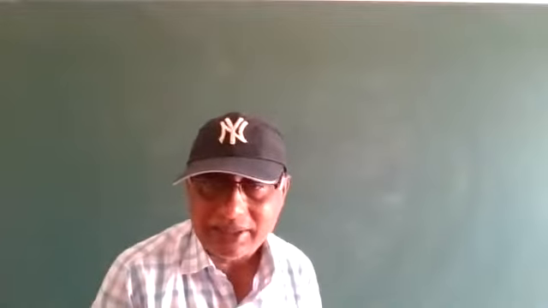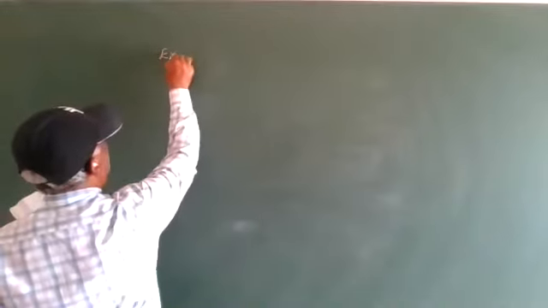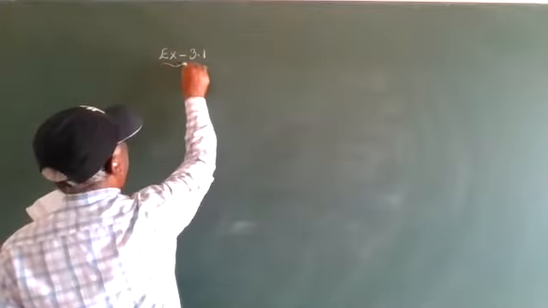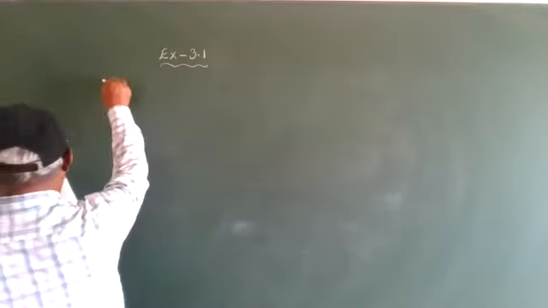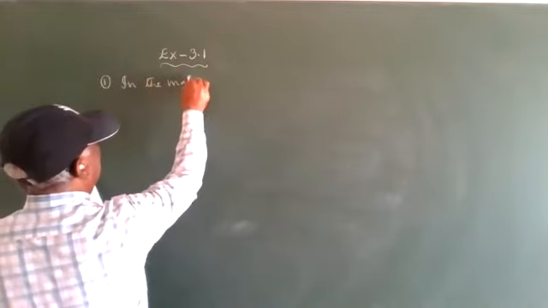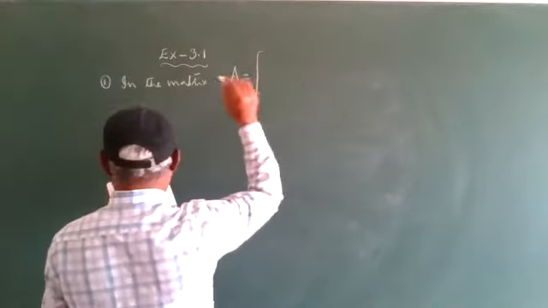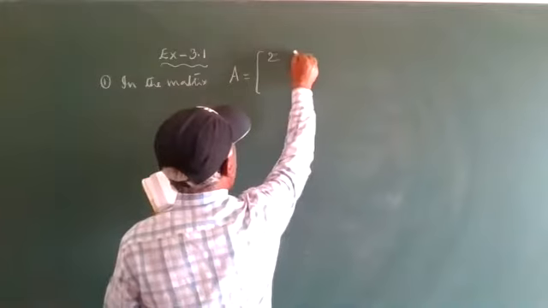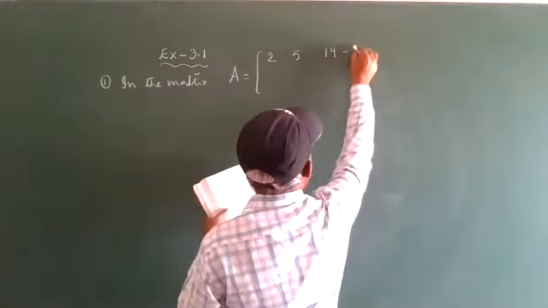So I will start the first exercise, Exercise 3.1. What is Exercise 3.1? In the matrix, first problem, capital A is the symbol of the matrix. The elements: the first horizontal line is 2, 5, 19, minus 7.